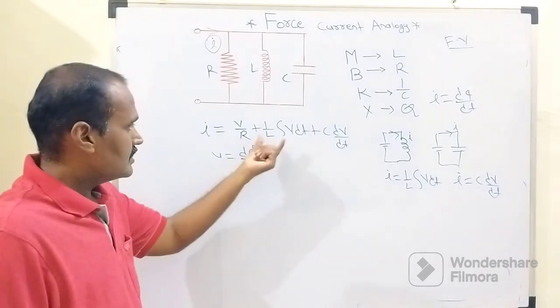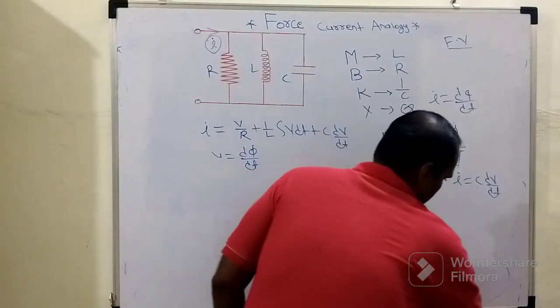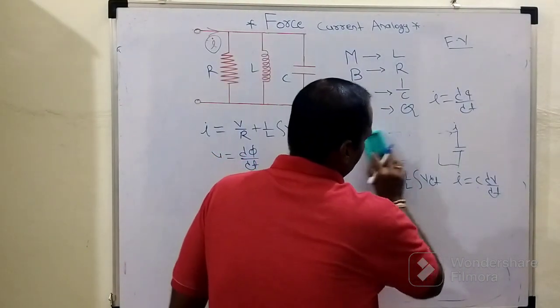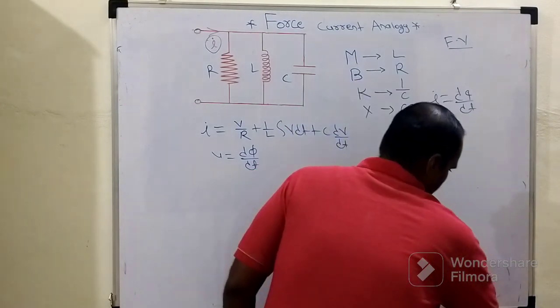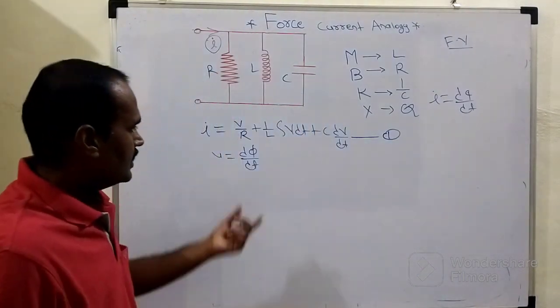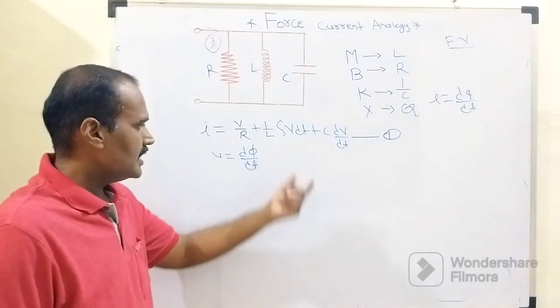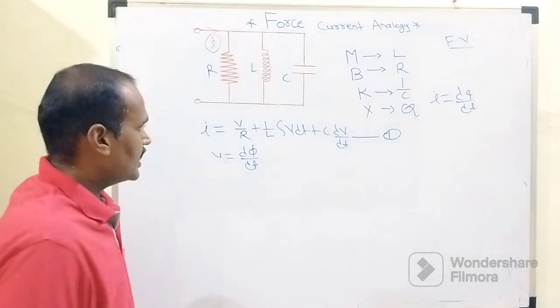So when we replace V in this equation, which we call equation number 1, V is replaced by d phi by dt.